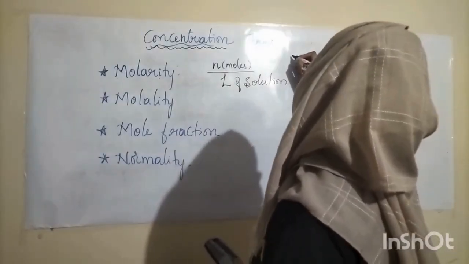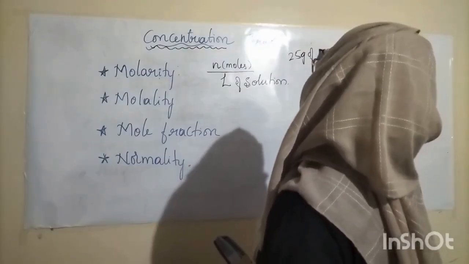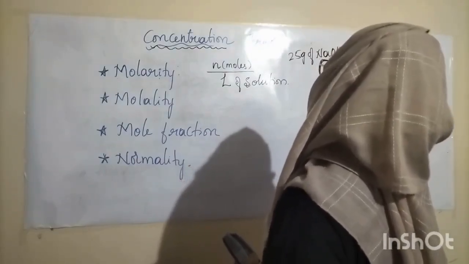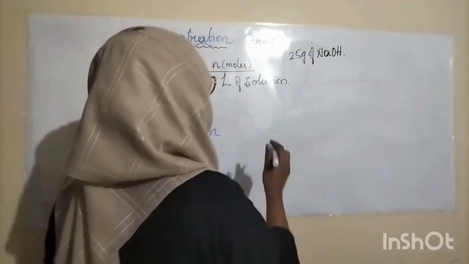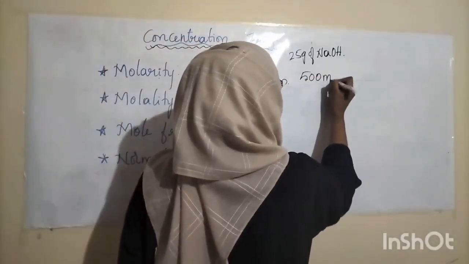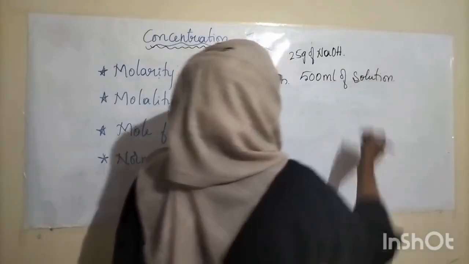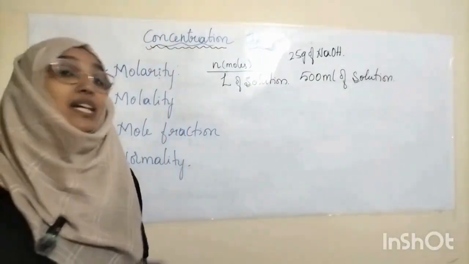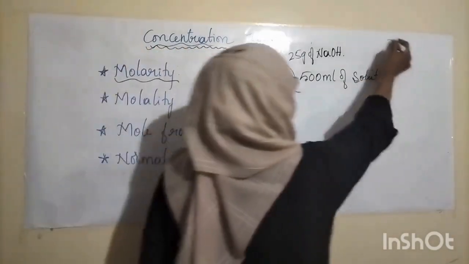You have some 25 grams of NaOH. Please listen to this very carefully. You have some 25 grams of NaOH, in 500 ml of solution. Now you have to check what is the molarity of this particular component.